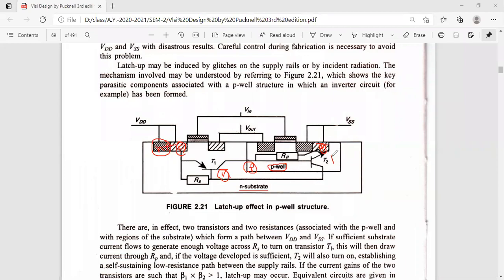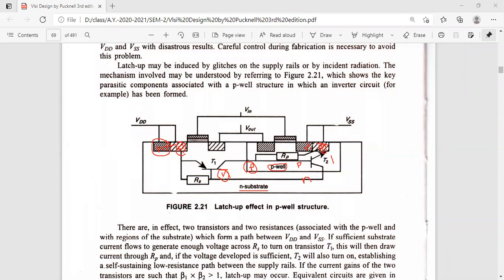Sorry, you can see here, this is of N plus type, and this is of P type, and this is of N type. So this is for connecting this P type well.